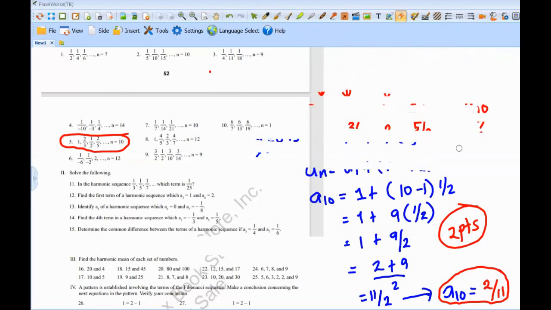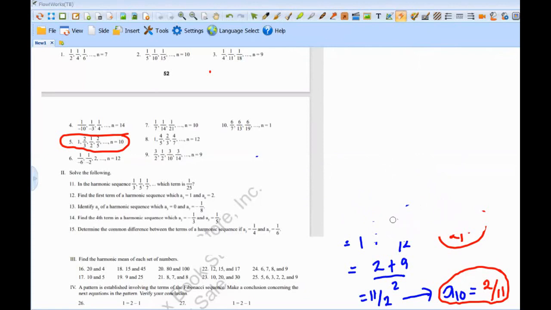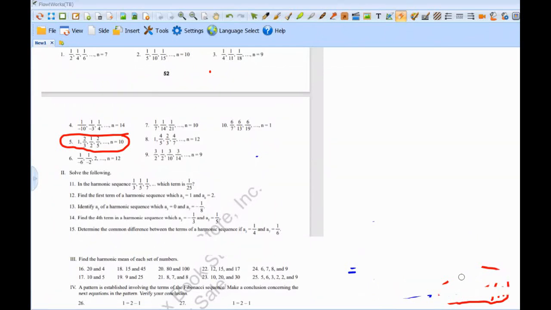Sir, my answer is... Wait, let me find, sir. So my 1 is equals to 3. Your 1, sir, but I'm not sure because it's n equals 1, so it could be supposed to be n. 6 over 7, right? Yes, sir, but it says that n equals 1, so maybe it's going backwards.